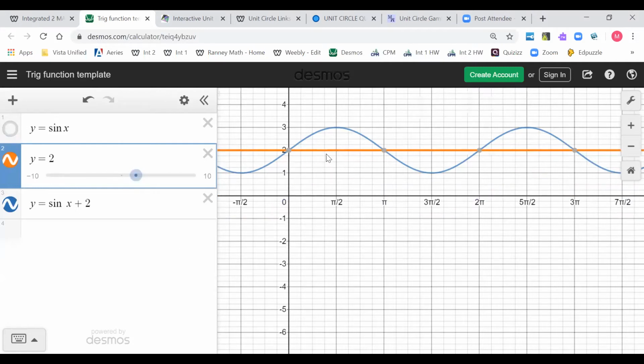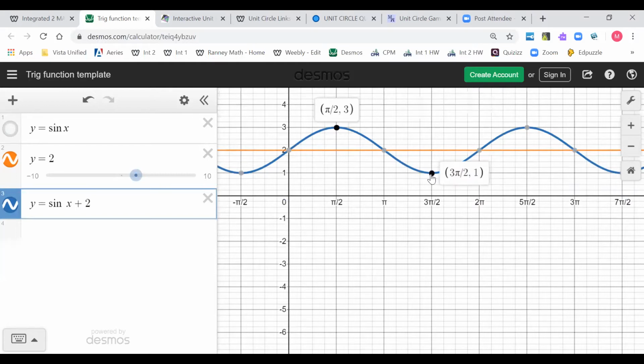And so you can see here is my y equals 2. I'm still going 1 above, and I'm still going 1 below, but since I'm starting at 2, when I go 1 above, I'm at a height of 3, and when I go 1 below, I'm at a height of 1. So when you have this plus 2 here, that's going to shift your graph up 2.